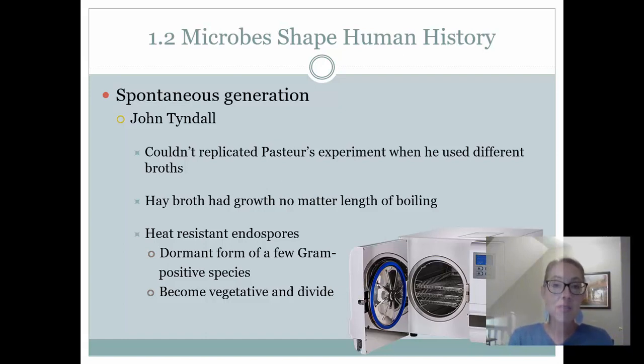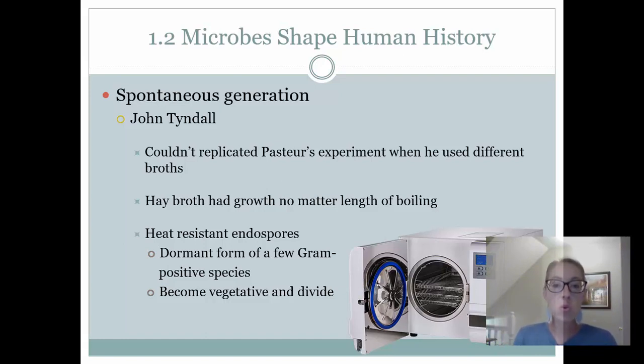When conditions are unfavorable, say you're being boiled as the hay broth was, it will induce a process of sporulation. So sporulation is just when a spore-forming species actually forms a spore. So these really tough, resistant structures remained in that broth and were not destroyed after that time of boiling.